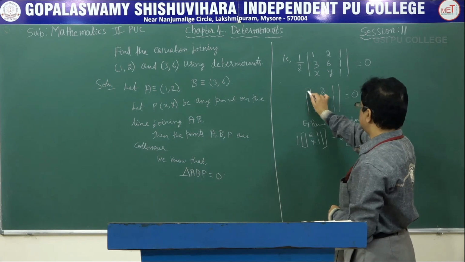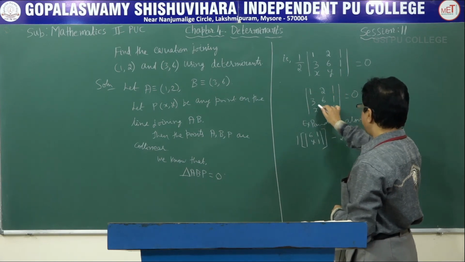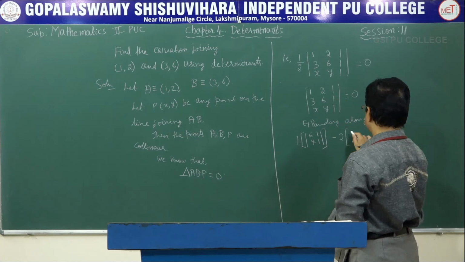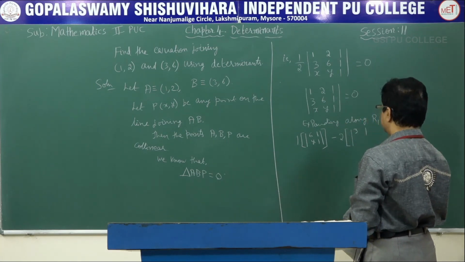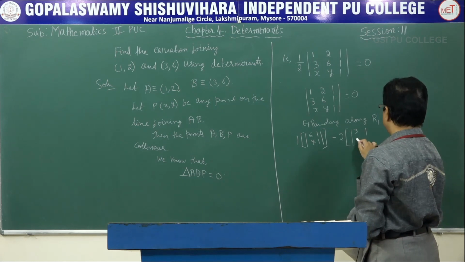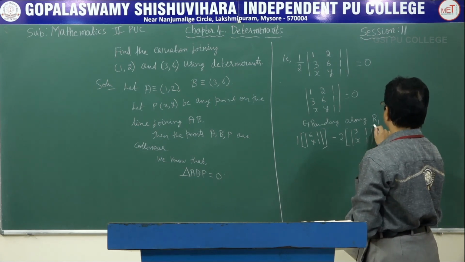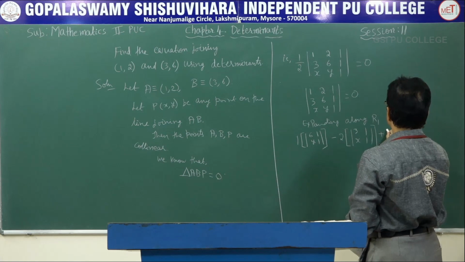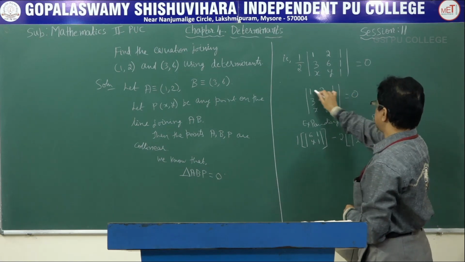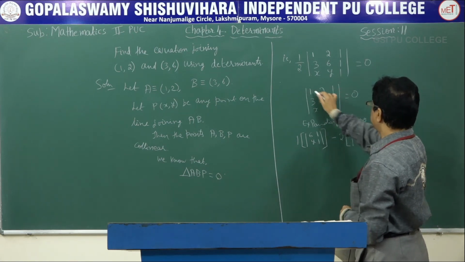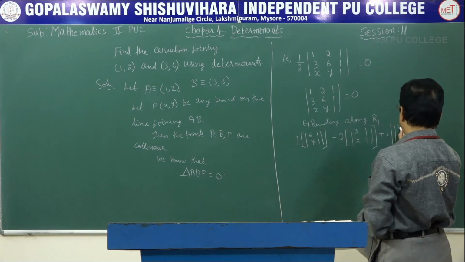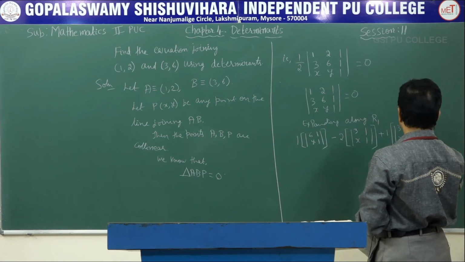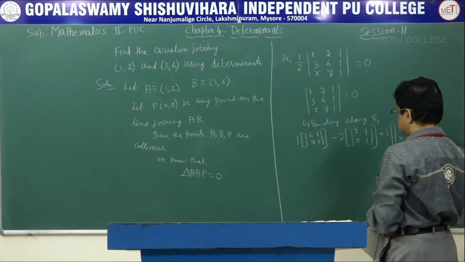I eliminate the first row and second column and take the determinant of the remaining elements. That is 2 into determinant of 3, 1, x, 1 plus 1 into, so 1 lies in the first row and third column. I eliminate the first row and third column and take the determinant of the remaining elements. 3, 6, x, y will be equal to 0.